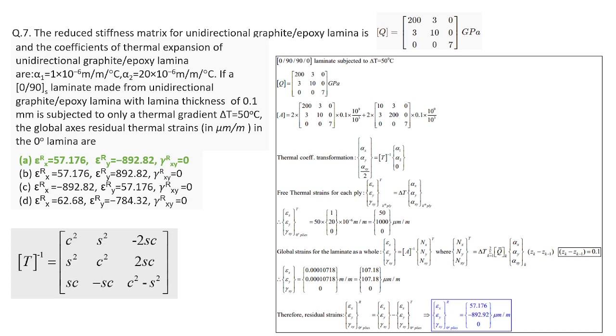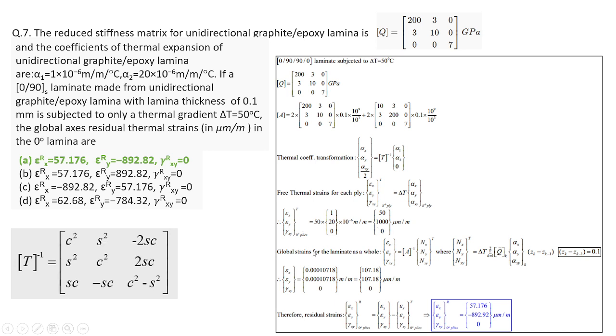When they are subtracted from each other, we get the residual strains. For that we need the free thermal strain of each ply, which can be found from the delta T and the thermal expansion coefficients in the global axis. Then we will get the free strains in the global axis.